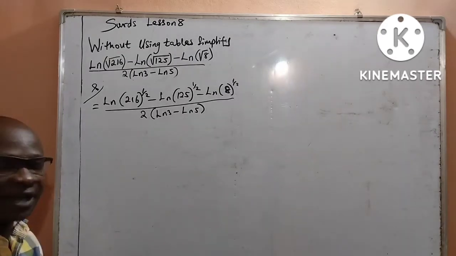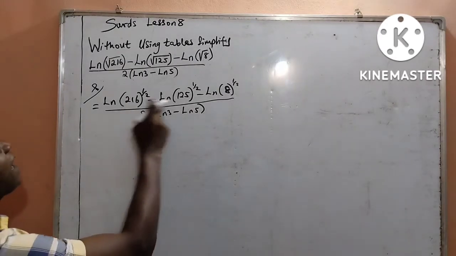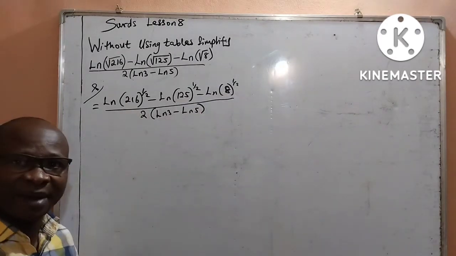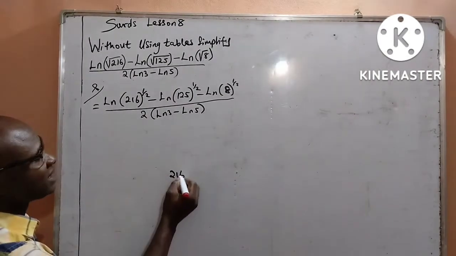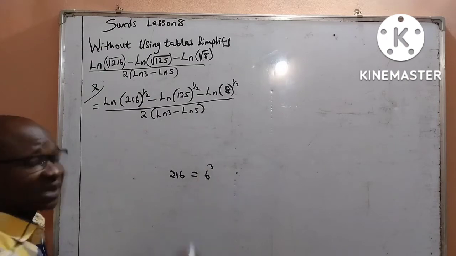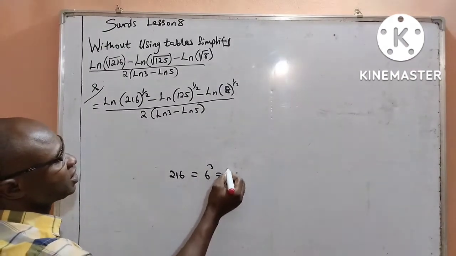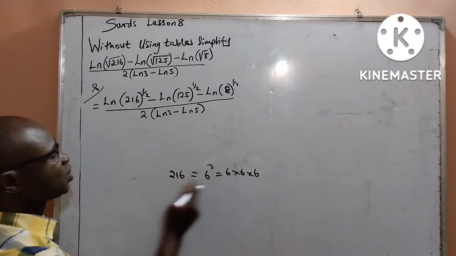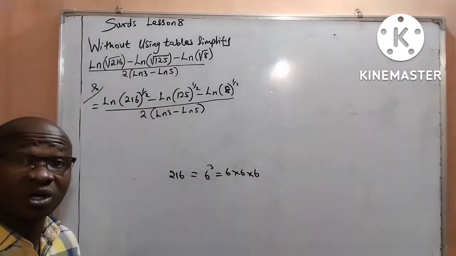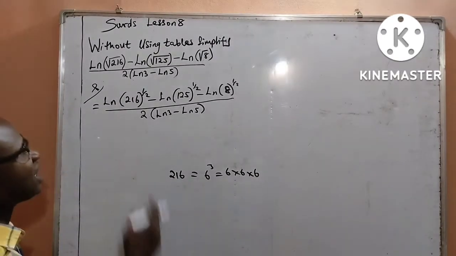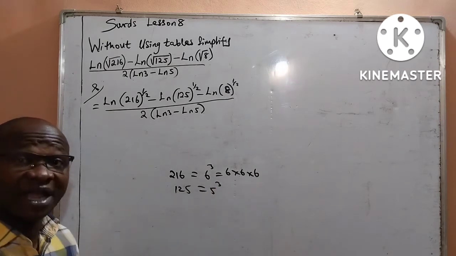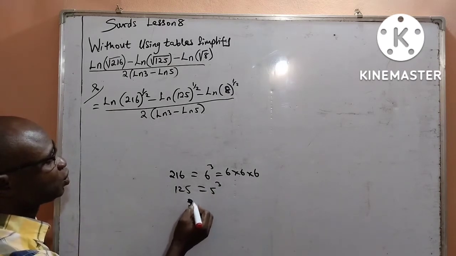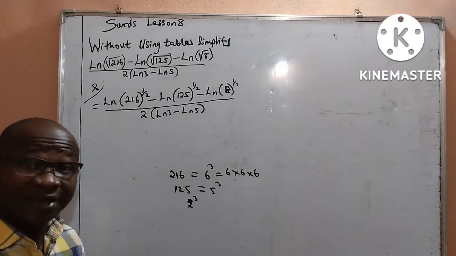We have taken the first step. In the second step, I want to make the numbers inside the bracket to be in index form. That means 216 will be written as 6 raised to power 3, because it is 6 times 6 times 6. I will do the same thing to 125, which is 5 raised to power 3, 5 times 5 times 5. And 8 will be 2 raised to power 3, 2 times 2 times 2.